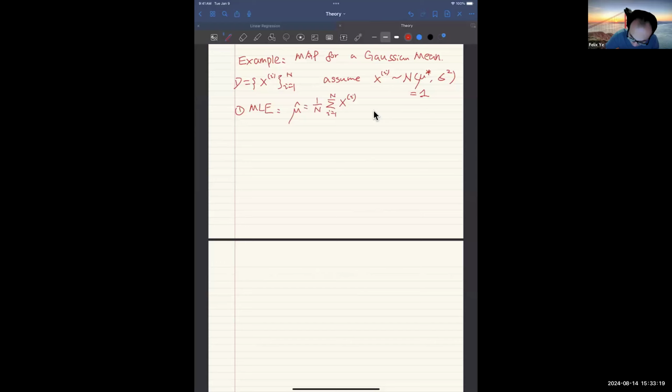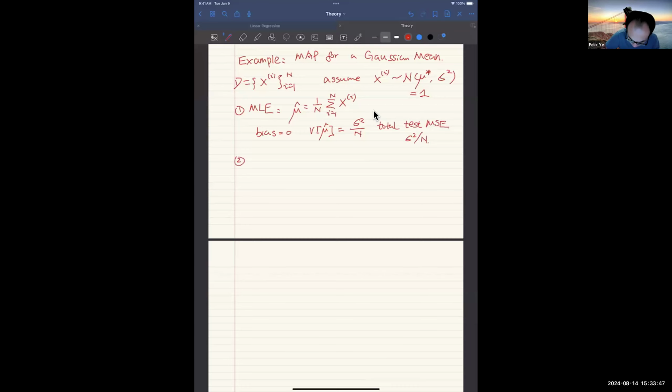We know the bias is equal to 0. The variance of mu hat is equal to sigma squared divided by n. So the total test error, test MSE, is equal to sigma squared divided by n.